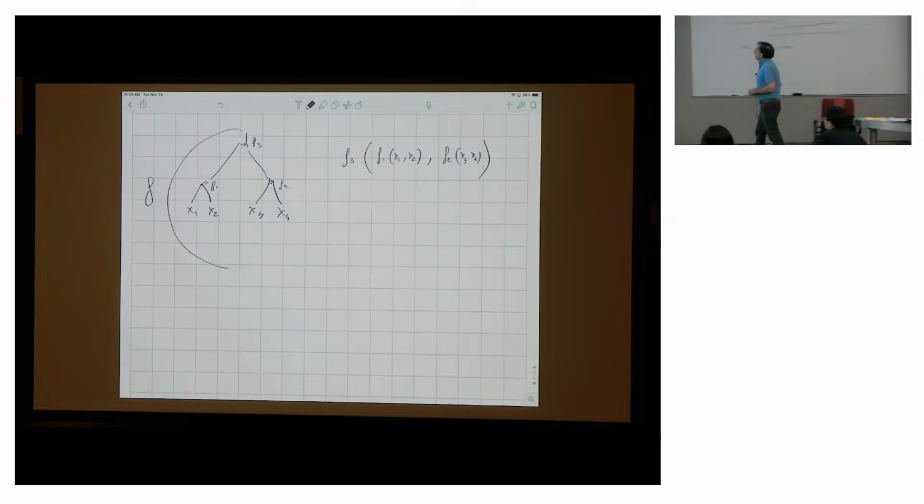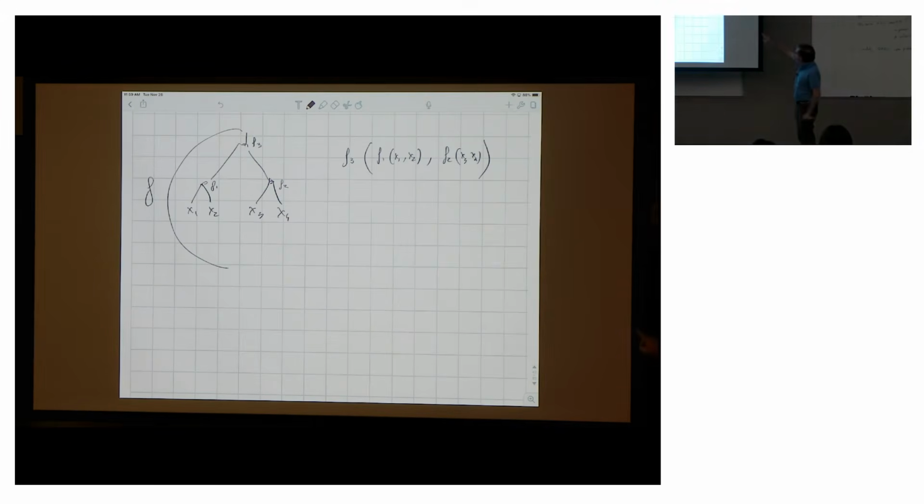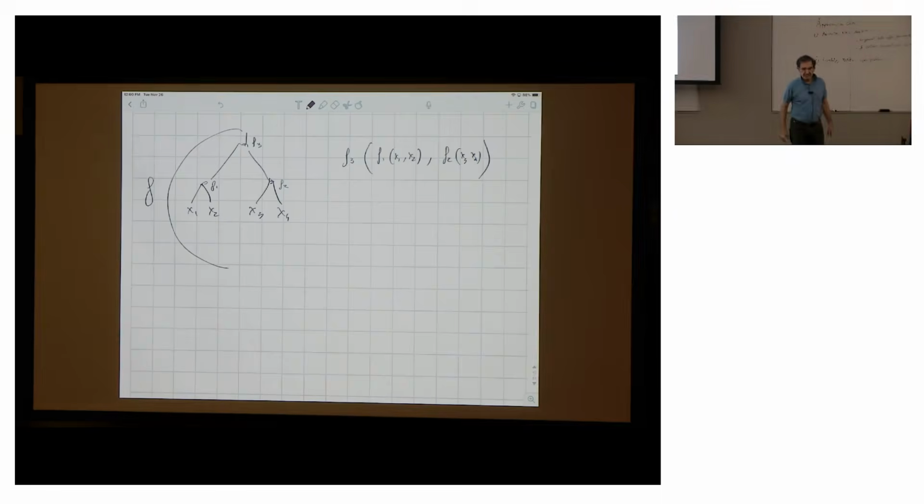And I'll speak about the constituent functions as f1, f2, f3. They are constituting the whole f.